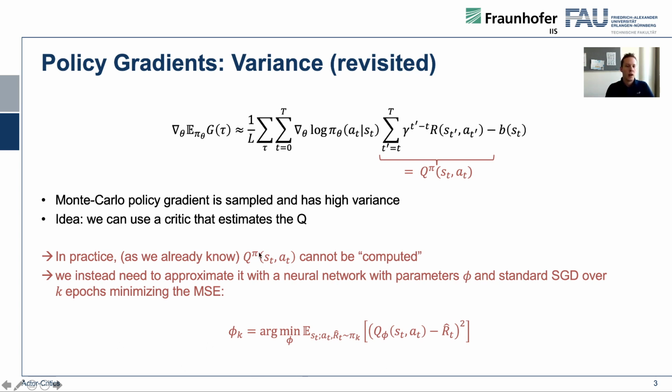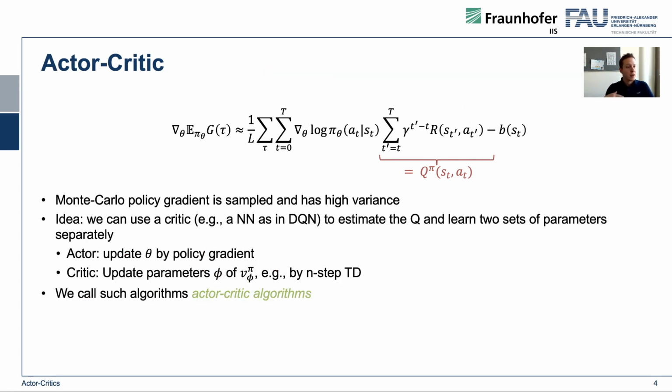So we want a Q function that we learn, and we can plug in here. The general idea is that because the Monte Carlo policy gradient is sampled and hence has a high variance, we want to use a critic, which is in this case a neural network as we have used in DQNs, to estimate the Q in here.